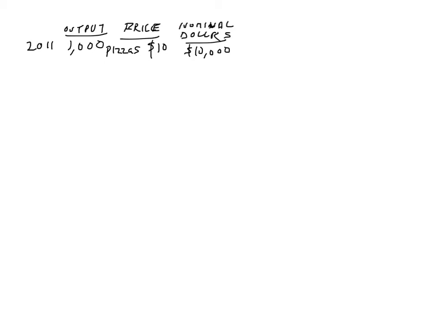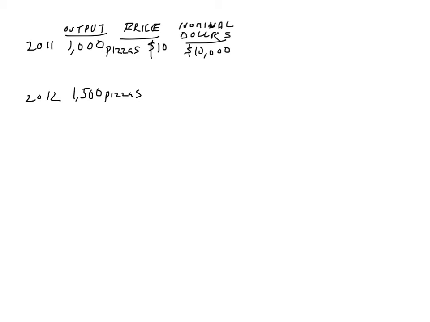And in 2012, say they're able to make 1,500 pizzas. So the amount that they can make goes up. The GDP goes up.